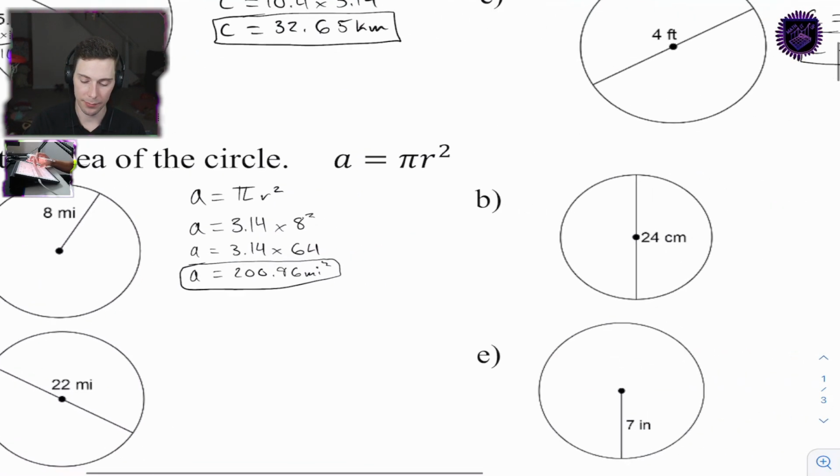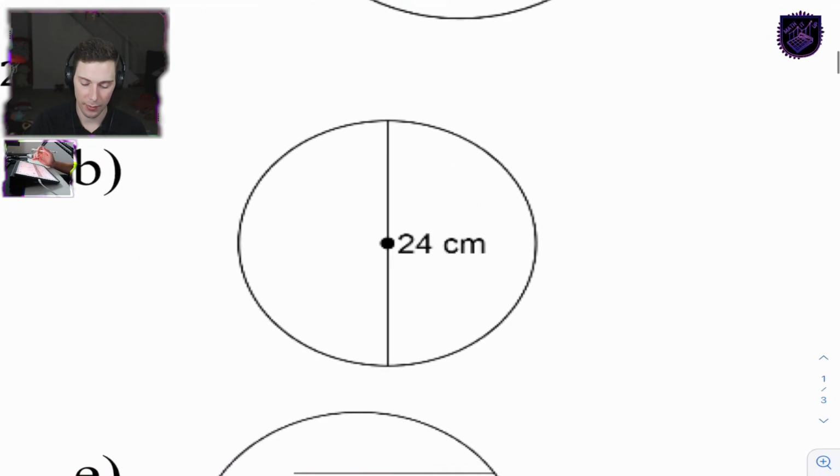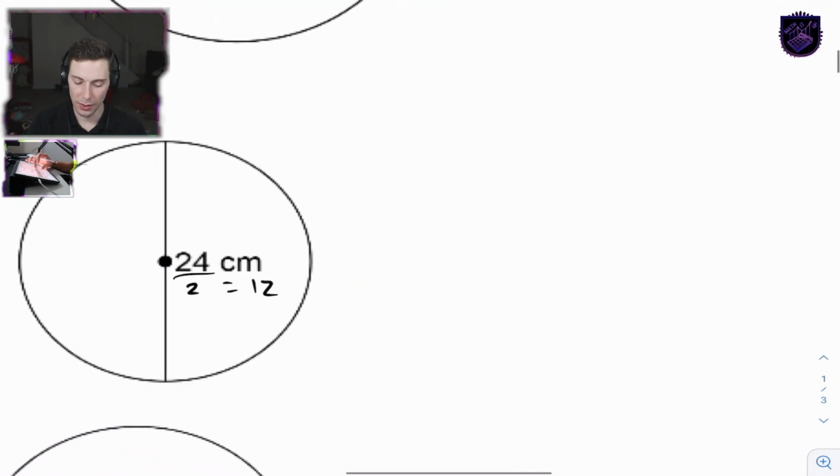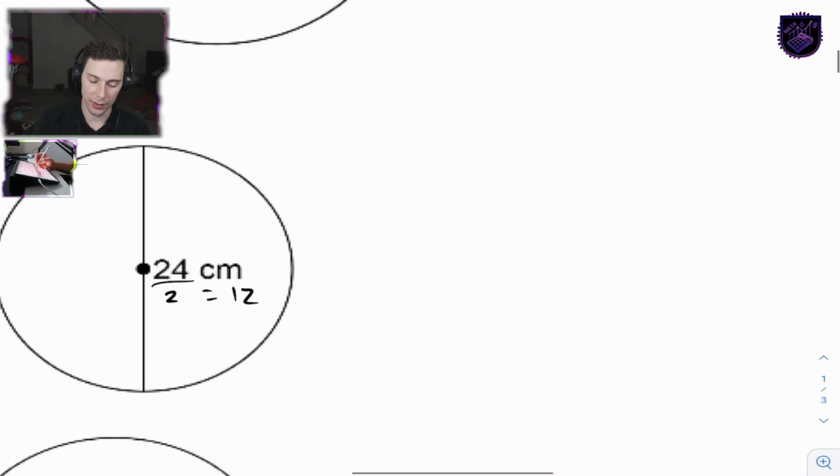All right, this next one gives you the diameter. We don't want the diameter, we want the radius. So we're going to divide this by 2. 24 divided by 2 is equal to 12. So the radius is 12. Our area will be equal to pi r squared, pi times radius squared.